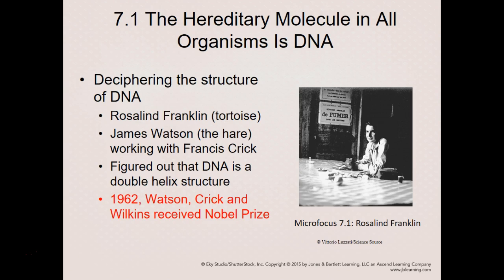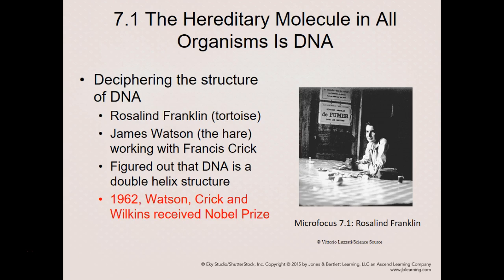Well, Wilkins stole, he was working with Franklin, so I mean, he wasn't like stealing, like actual, he had papers that him and Rosalind were working on, and he shared that information with Watson and Crick.